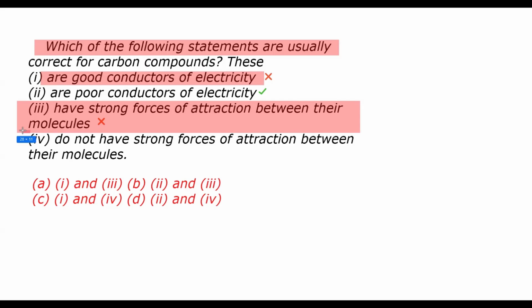Now coming to the last, the carbon compounds do not have strong force of attraction between the molecules. So yes, it is the correct statement. So the correct statements are first and third, which is option A in this case.